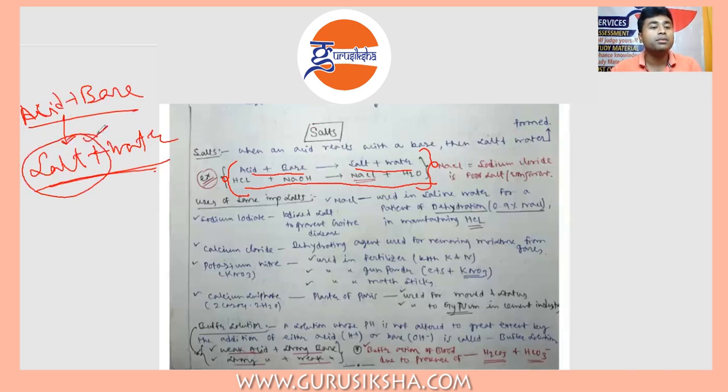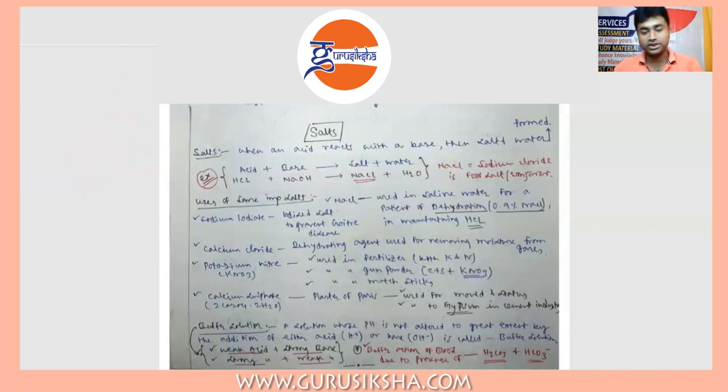It's the component made from the combination of acid as well as base. So I think you can understand the definition of salt, and from where the salt comes. Now this equation, acid plus base to make a salt and water, how would you explain?